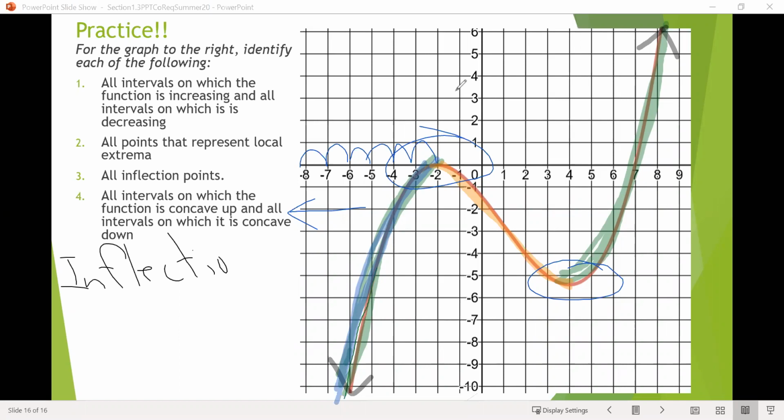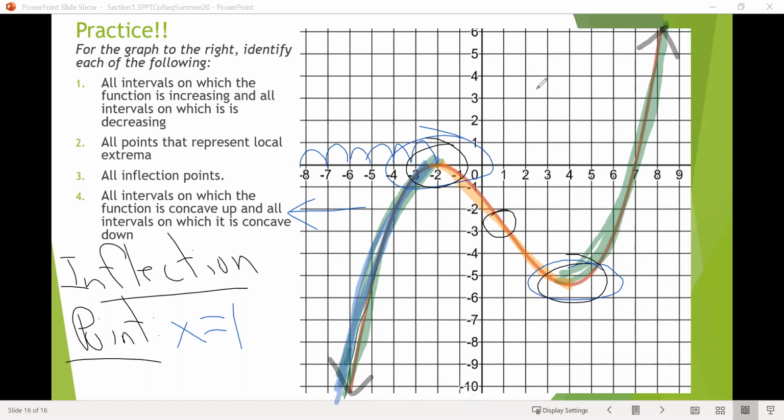So an easier way to find it is to look halfway between mins and maxes. So notice, again, there was a local max at -2, local min at 4. Halfway between those would be, I think, at x equals 1, right? Yes. And so that will be our inflection point at x equals 1, because it's halfway between those two.